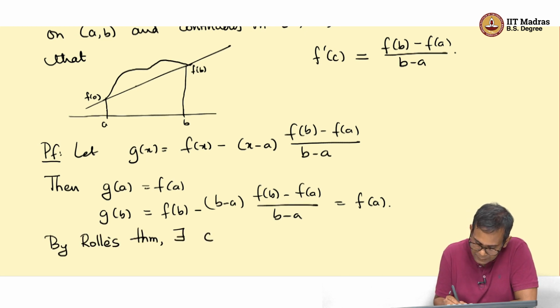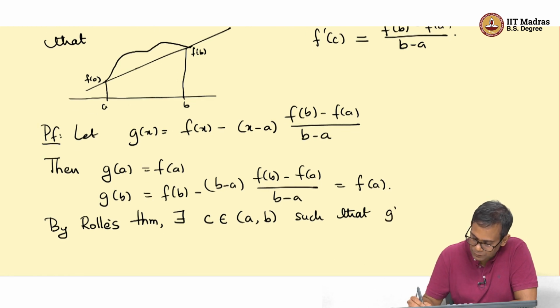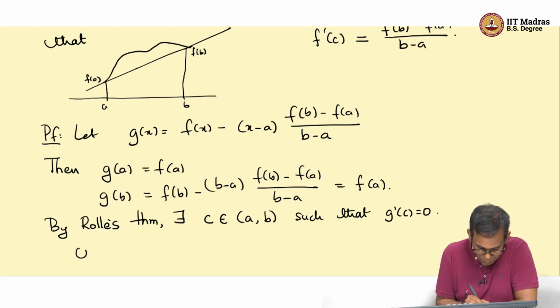There exists c in the open interval (a, b) such that g prime of c is equal to 0. But now look, what is g prime of c?